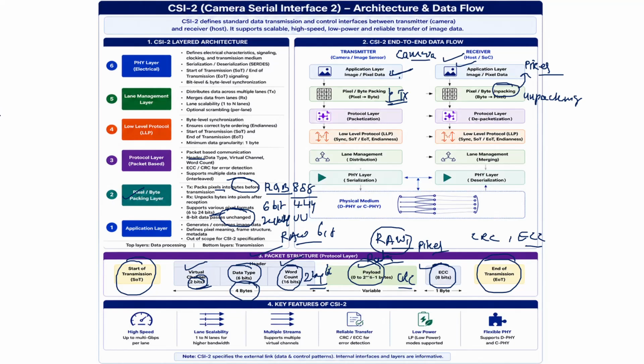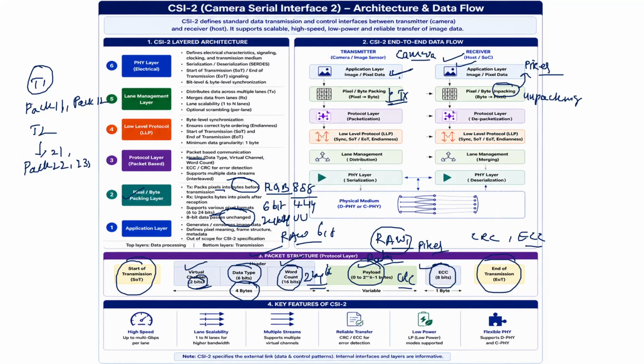Interleaving means, suppose you are having packet 1 1, packet 1 2, packet 1 3 from transaction 1, and similarly transaction 2 is having packet 2 2, 2 3, and then 2 1. So in that way we are having different packets.